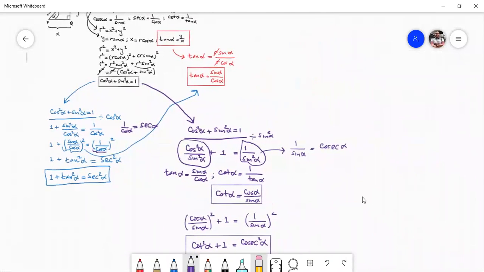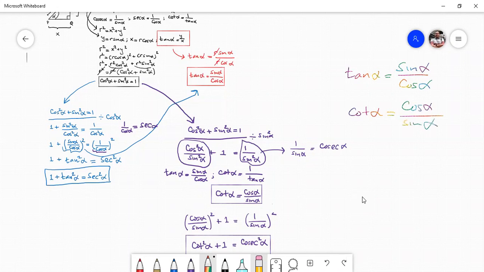We just write again what we have here. Tangent alpha is sine alpha out of cosine alpha. Cotangent alpha is cosine alpha out of sine alpha.